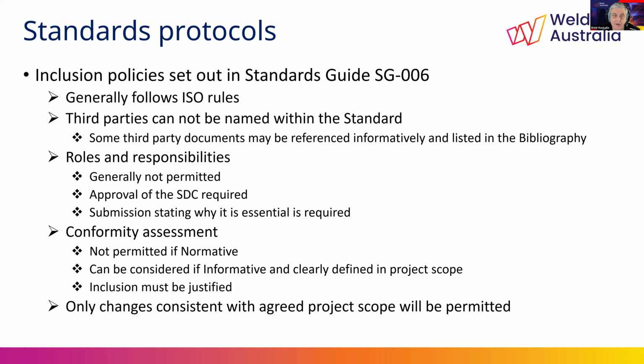The challenge then is to define what constitutes the competent person. From a welding perspective, ISO requirements in this regard are somewhat more user-friendly. To this end, with the assistance of Standards Australia personnel, we were able to get ongoing approval for a range of roles and responsibilities across a number of committees.